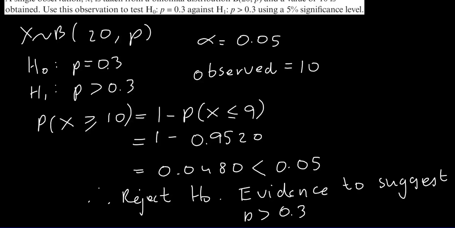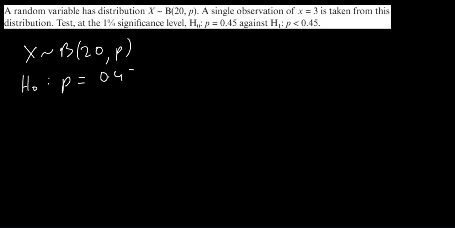Let's move on to the next question. So here we have a random variable that has a distribution of 20 and p again. An observation of x equals 3 is taken from this distribution, and we need to test at the 1% level whether p is 0.5 or p is less than 0.5. So again, the distribution is 20, p. Our H0 is that p is equal to 0.45.